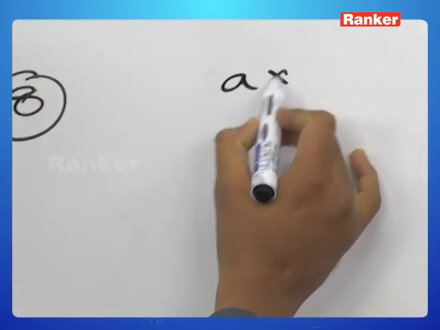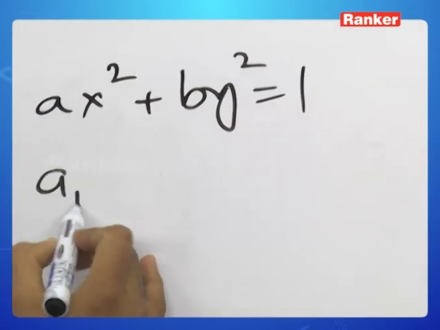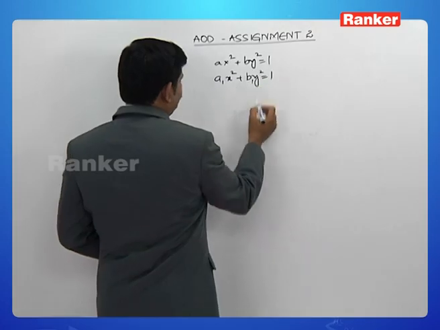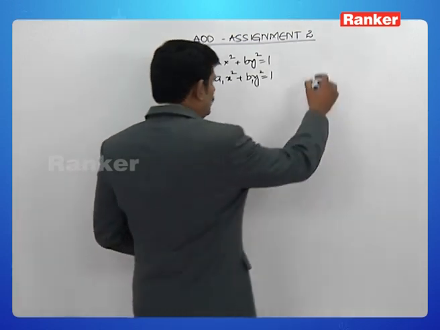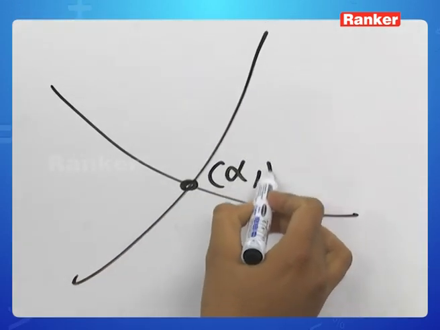It is given that the curves ax square plus by square equal to 1 and a1x square plus b1y square equal to 1 intersect each other orthogonally. Let us say these two curves cut each other at the point alpha comma beta.